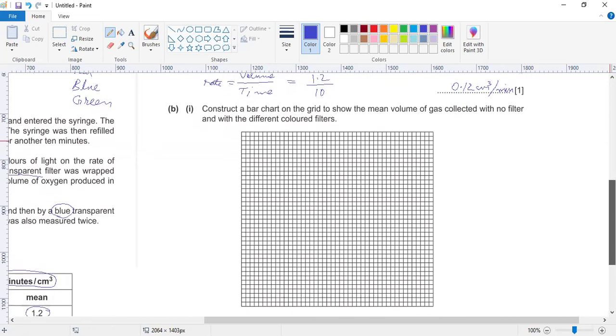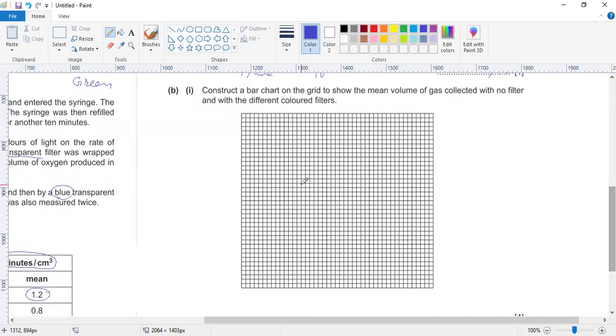Now come to part B. What they're asking in part B. See, they are asking to construct a bar graph. So first we should know what is a bar graph. On the grid to show the mean volume. So in the table we have the mean volume.